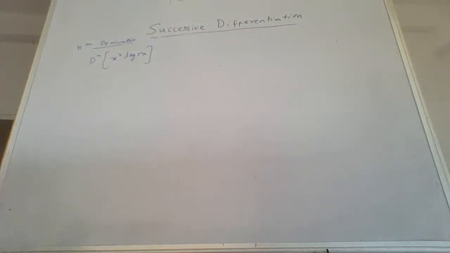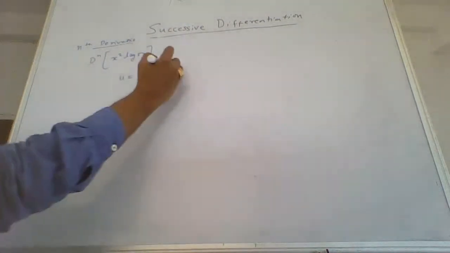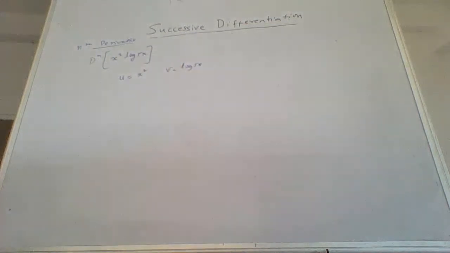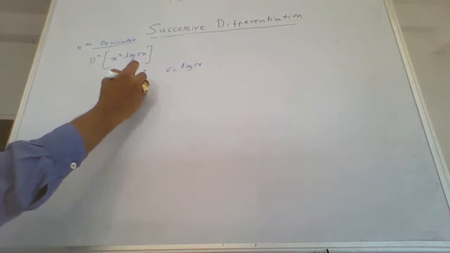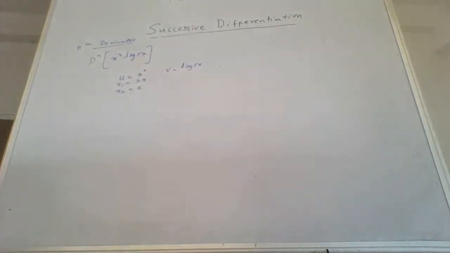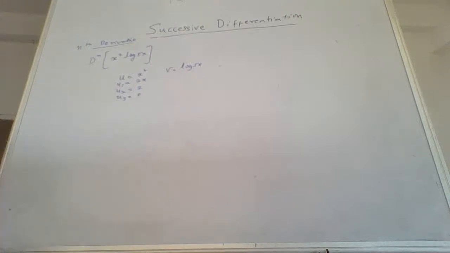Again, consider u as x square and v as log 5x. So u1 will be 2x, u2 will be 2, and u3 will be 0, and so on.